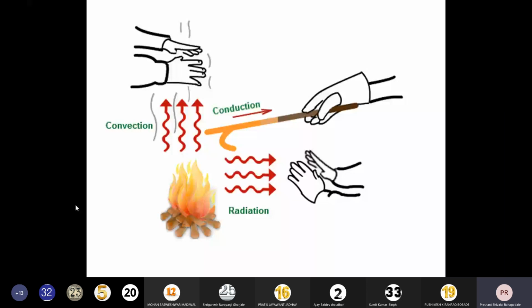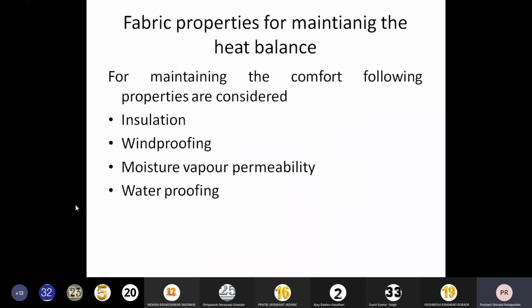Now what we are studying, they are generalized terms, and now we are moving toward our fabric properties for maintaining the heat balance. Now, which are the properties we should consider for maintaining this heat balance, or we can say for maintaining the comfort?